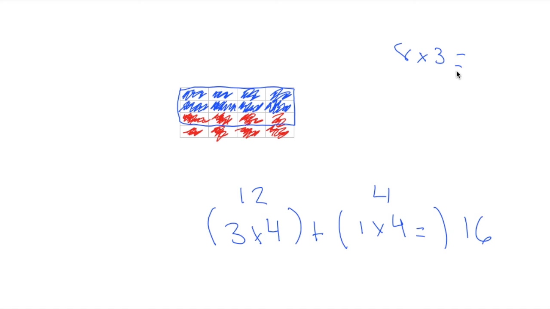Because it's faster and it's more accurate, and it's simple. If you don't know how to draw a grid, you get here. Let's say you get 8 rows with 3 boxes in each row, and that's how you figure out your answer. And you do this type of math.